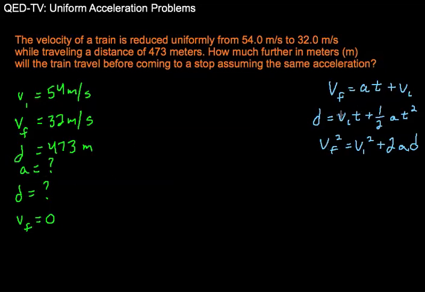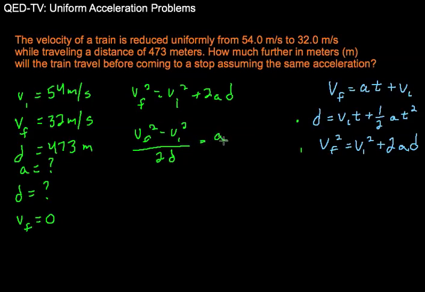There's only 2 equations that have D in it. It's these second 2 right here. And I also need a final velocity in there because I have that, and that one would be this third equation. So this third equation is the one we're going to use to solve for our acceleration. So I'll write VF squared equals VI squared plus 2AD, and that would be VF squared minus VI squared, all divided by 2D would give me my acceleration.